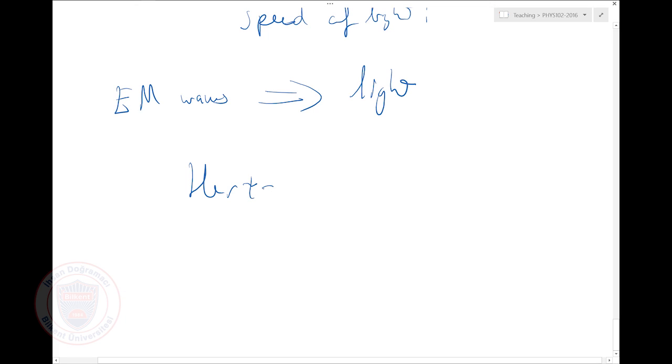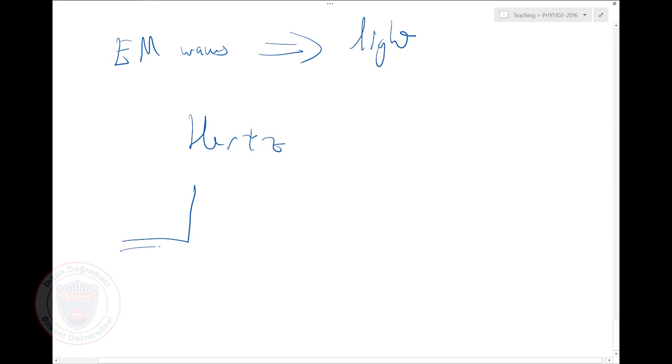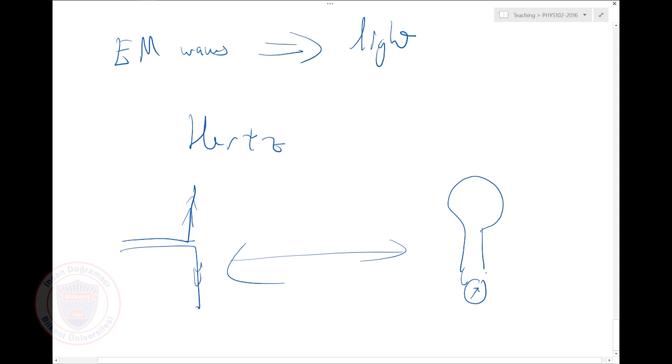So a guy named Hertz actually did that experiment first. He built what we now know as an antenna. He ran AC current through that. And some place far away, he put a wire loop and looked at the voltage here.